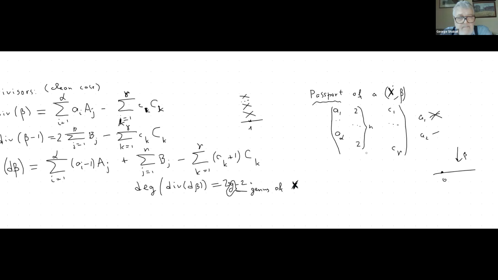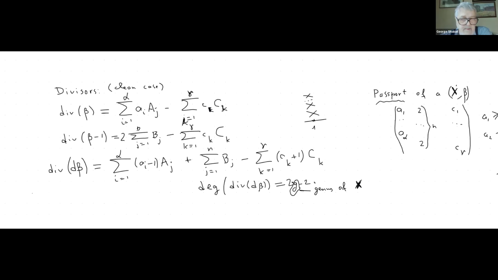Now, what should be specially stressed is that the whole information is contained in these two equalities. And as for the divisor, it is just for checking.